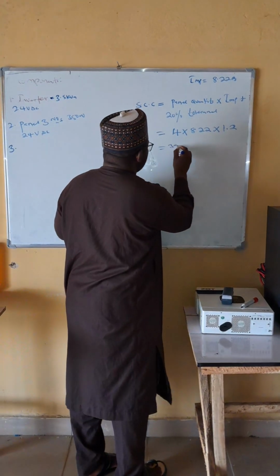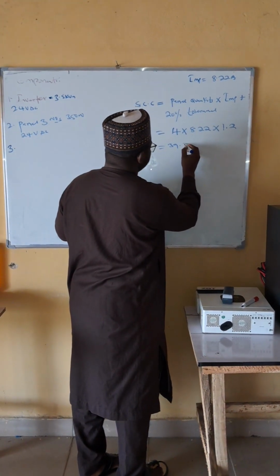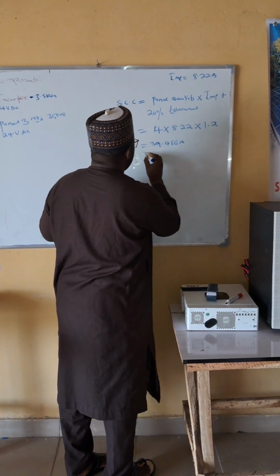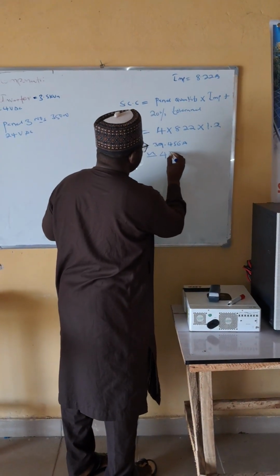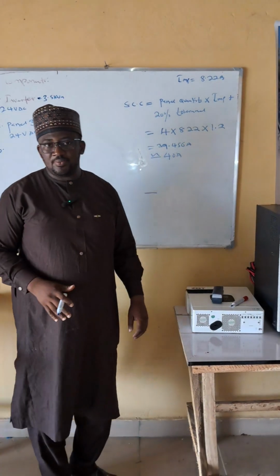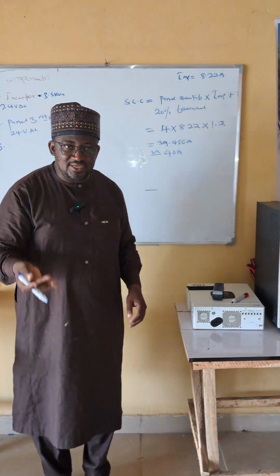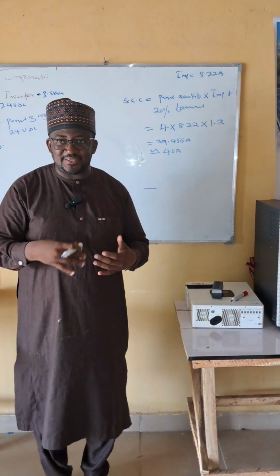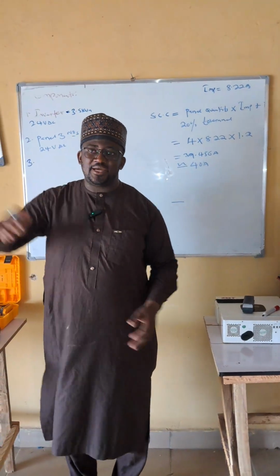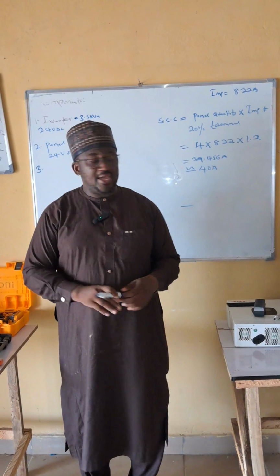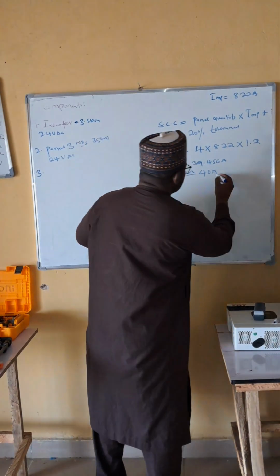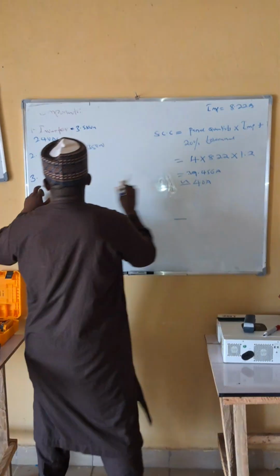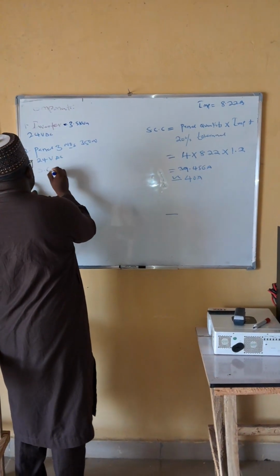We get 39.456 amps. Approximately, we have a 40 amps charge controller. We can move to 50 amps, or even 60 amps in case you want expansion later in future. Since our requirement here is 40 amps, we can select a solar charge controller of, let's say, 60 amps.